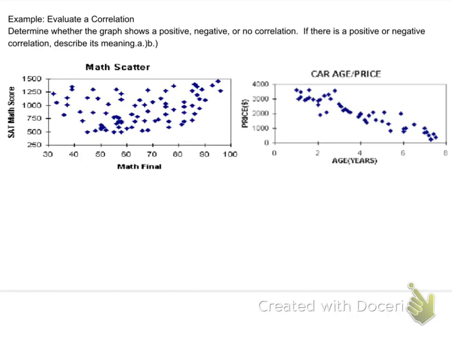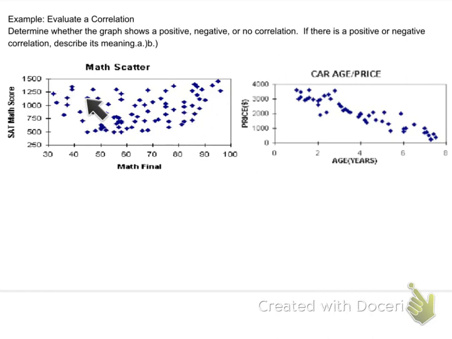So, looking at the math final grade and your SAT math scores. That's just one of the scores that would be for entry level to get into college, the SAT. So do you think you can see any discernment of, as my math final goes up, do I get a better SAT score? Well, it kind of looks like it's happening over here.